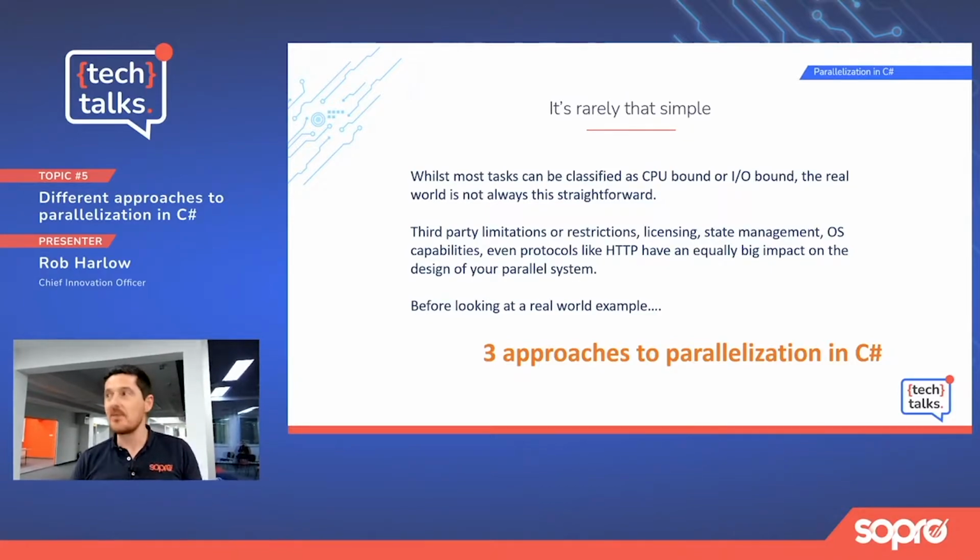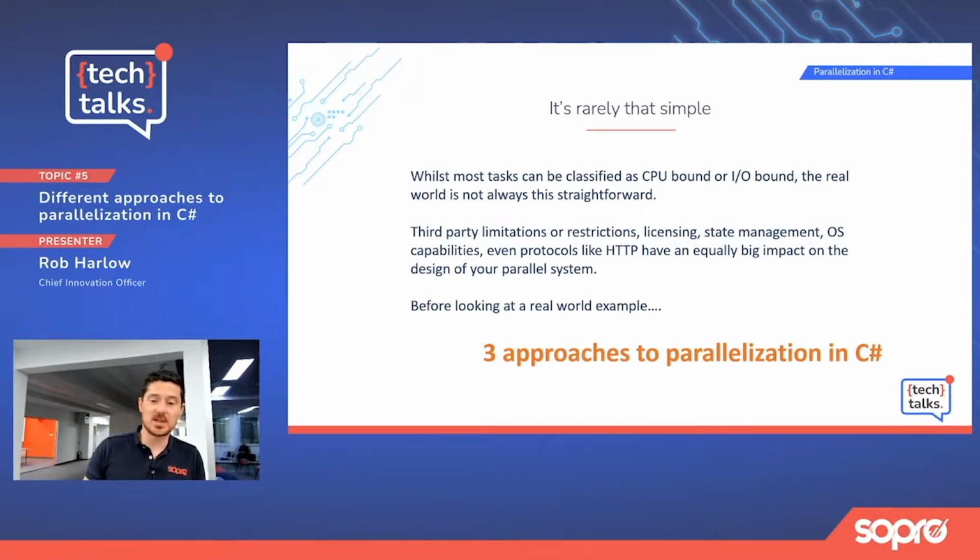Now, whilst that is how every multi-threading or parallelization tutorial starts, it's very rarely that simple. Yes, you can categorize tasks as CPU bound or I/O bound, but there are so many other things that impact the design of a good parallel system. Third-party limitations, restrictions on concurrent connections, licensing. IIS on a desktop supports 10 concurrent connections just because of licensing.